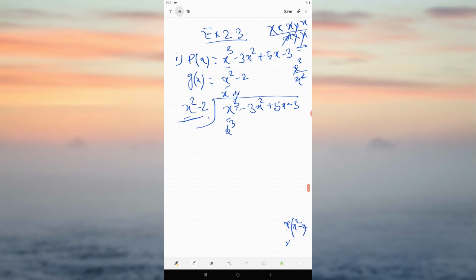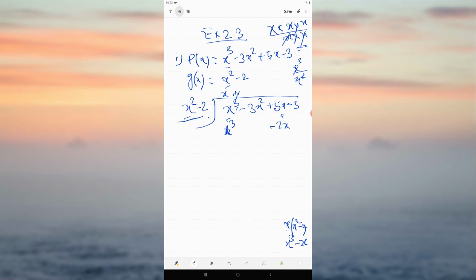So x into x square is x cube, and x into minus 2 is minus 2x. Correct? So I can write it as x cube, and where is the x form over here? Here. So I will write minus 2x over here.